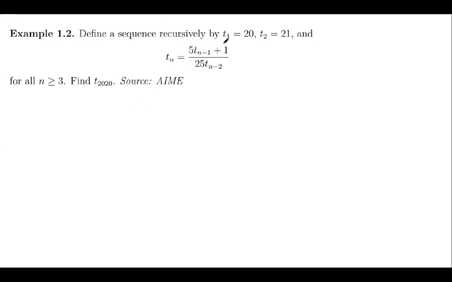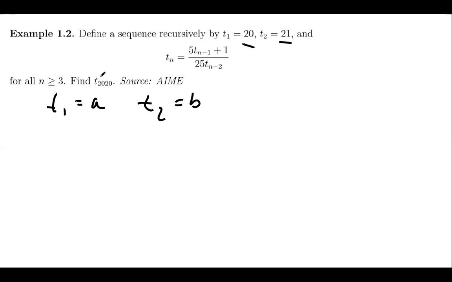First off, we have this recursive relation where the first term is 20, the second term is 21, and then the nth term is (5 times t_{n-1} plus 1) over (25 times t_{n-2}). To make things a little bit easier, let's let t1 equal a and t2 equal b.